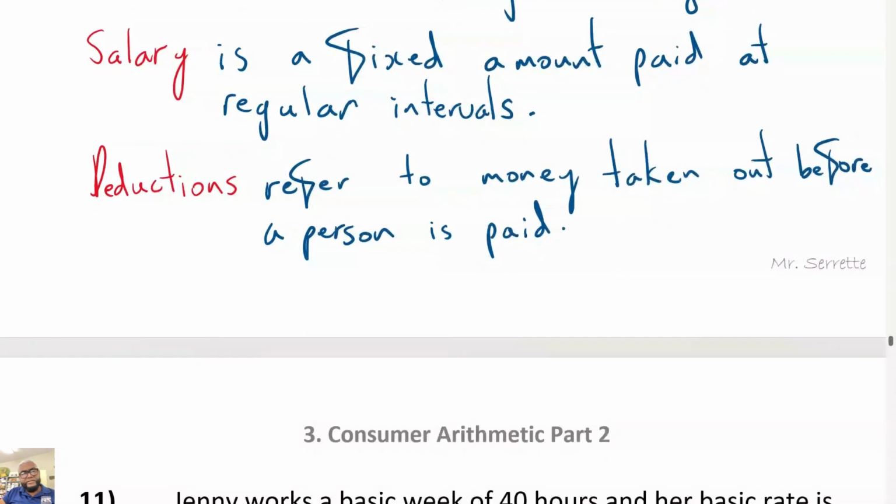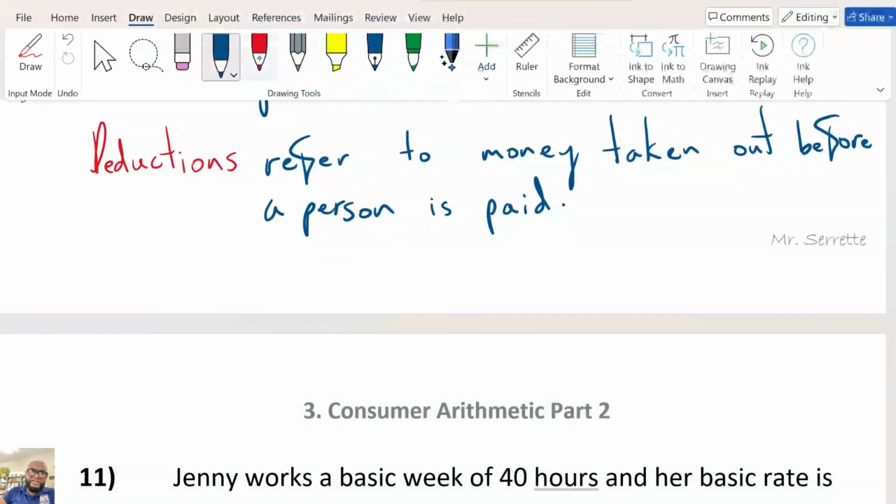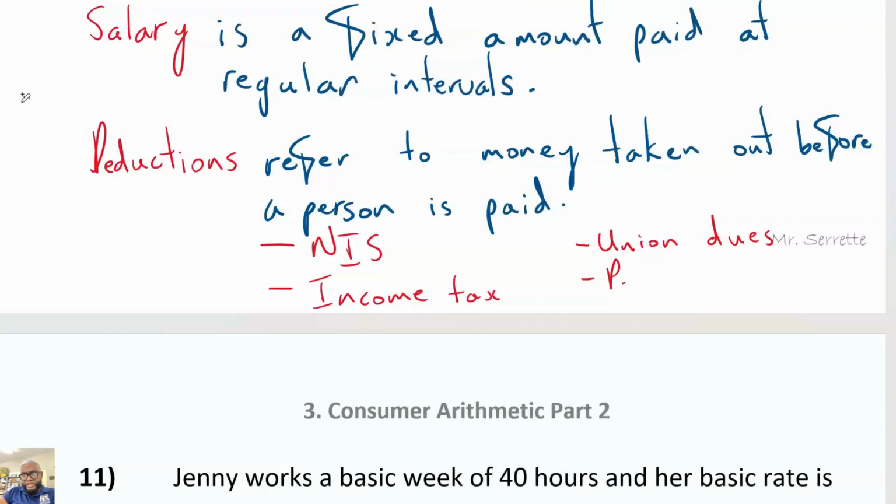Some common deductions will be something like NIS. That's something that comes out, income tax, right? You have things like union dues, right? You have pension contribution, right? All these things are deductions.